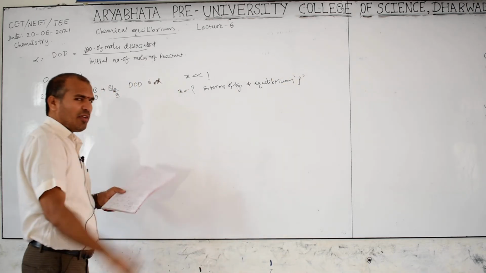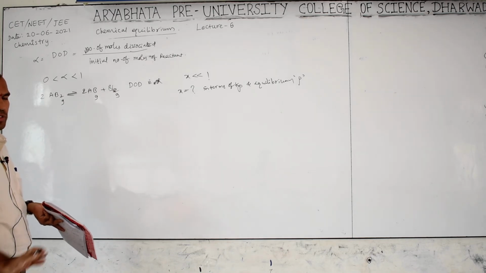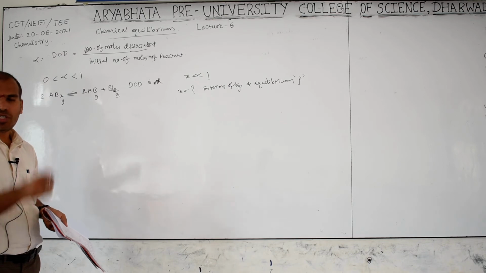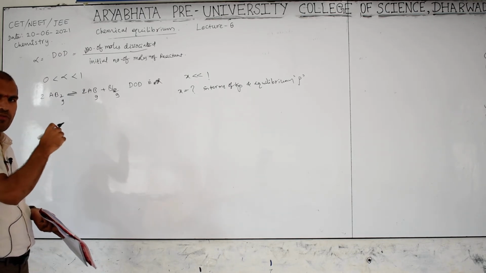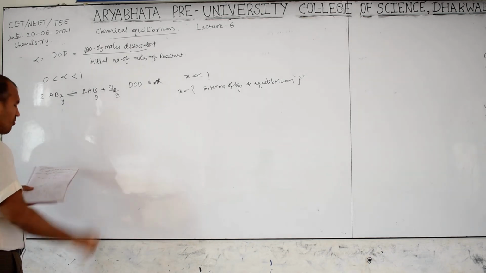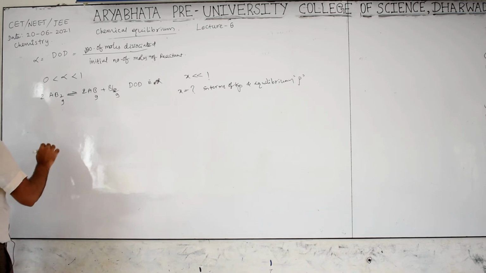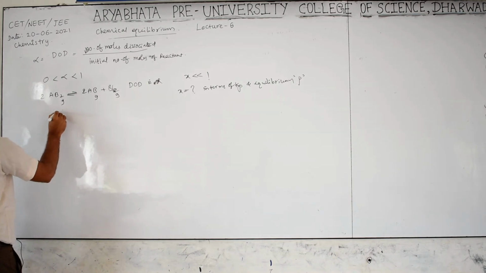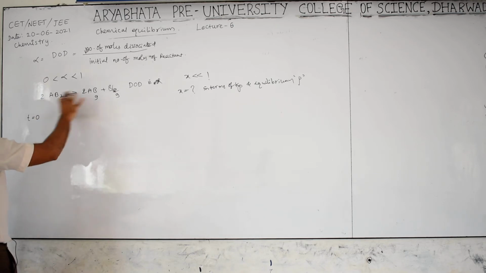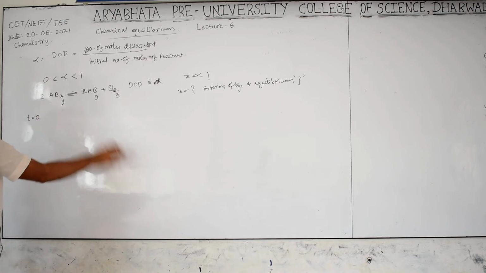In the previous question I gave, PCl5 dissociating to PCl3 plus Cl2, there also was the dissociation of number of moles of PCl5 in terms of Kp and P. But here the degree of dissociation is given. So first what you have to do, always write the equation. This is compulsory. It is in the question, but again you have to write it. That's why I am directly writing here only.